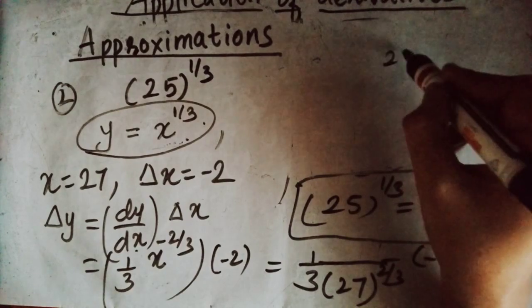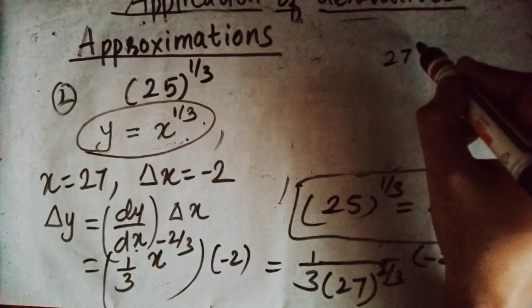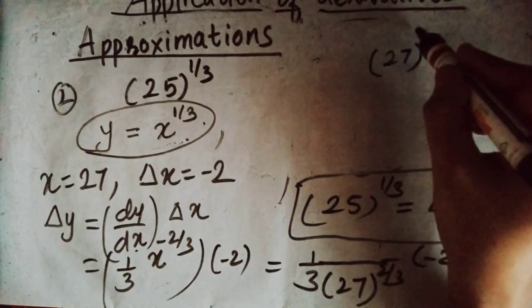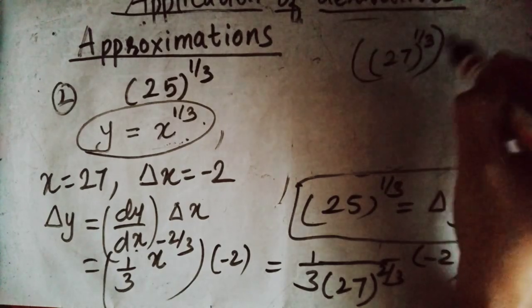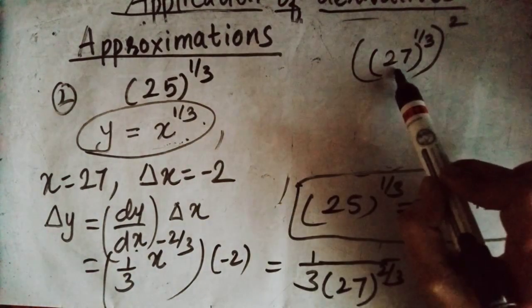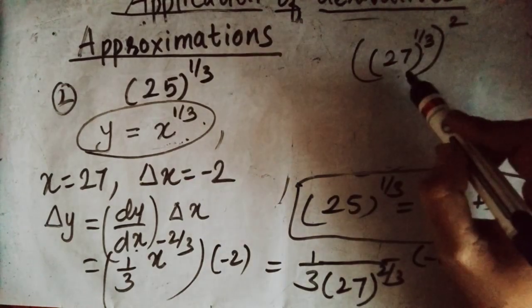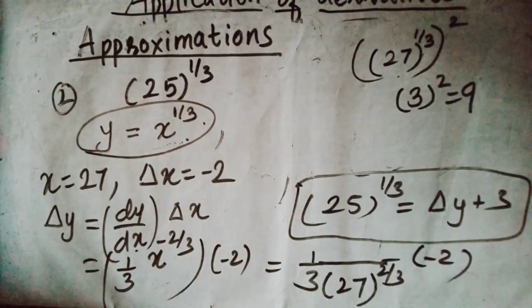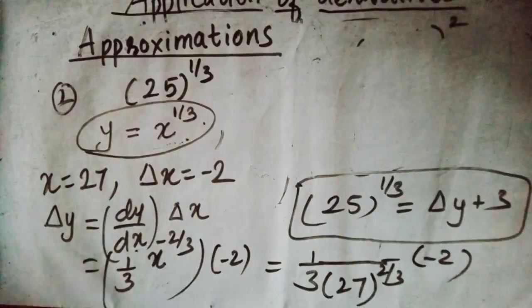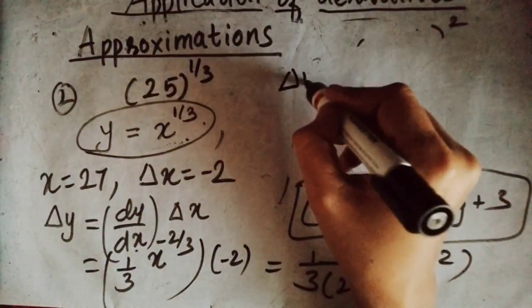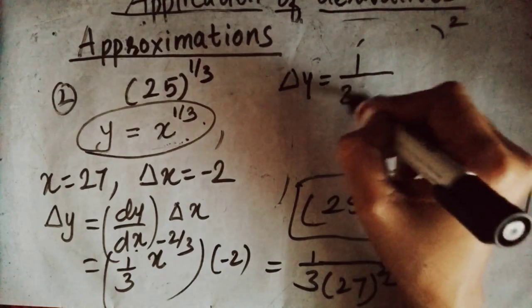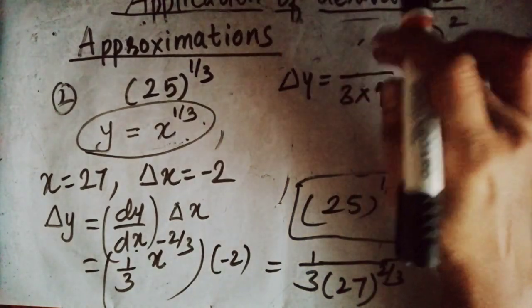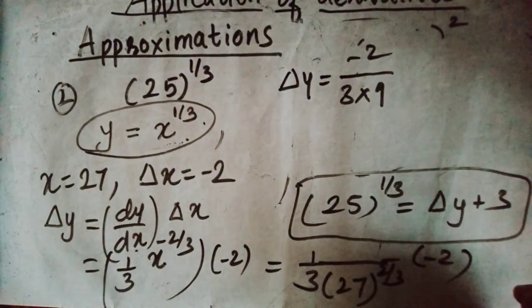So you know that 27 raised to 2 by 3, you can write it as 27 raised to 1 by 3 into 2. The cube root of 27 is nothing but 3, so it becomes 3 square, which is 9. So this will be 1 upon 3 into 9 and minus 2.